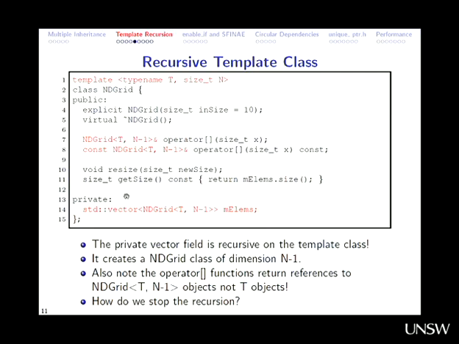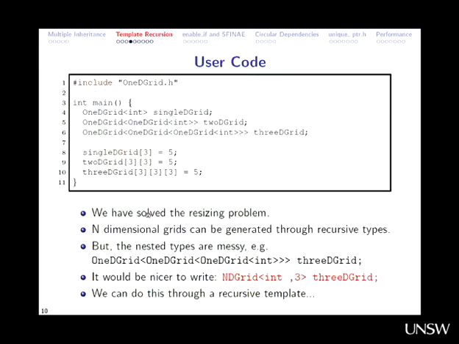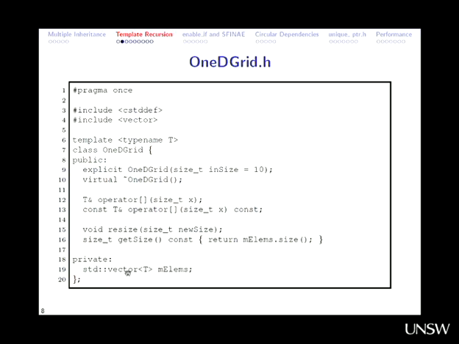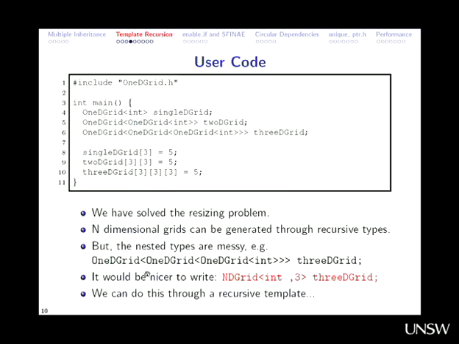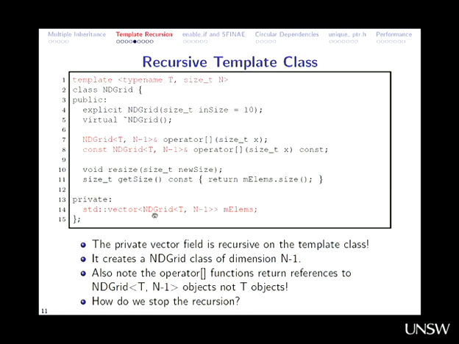And so, particularly down here, this private field, a std::vector, whereabouts before, if we go up a couple of slides, the std::vector here was of type T. This std::vector now is of type NDGrid, which is the class up here, okay? But it's of T, n minus 1, okay?